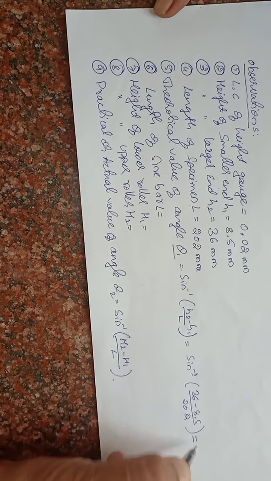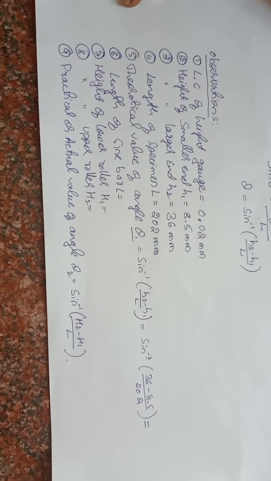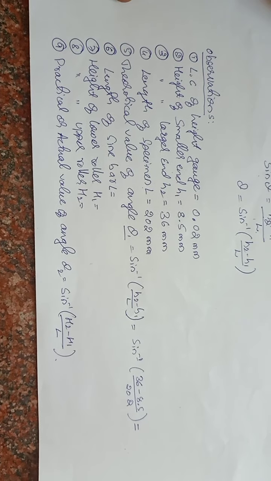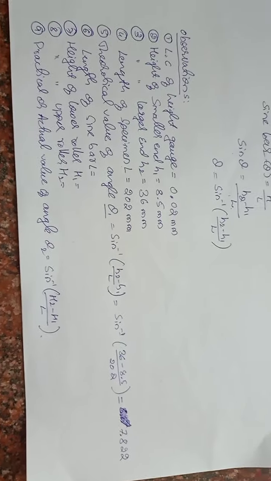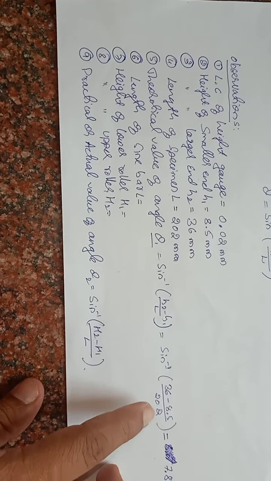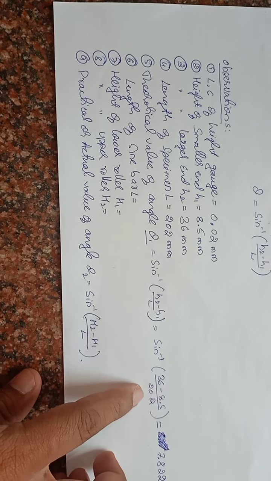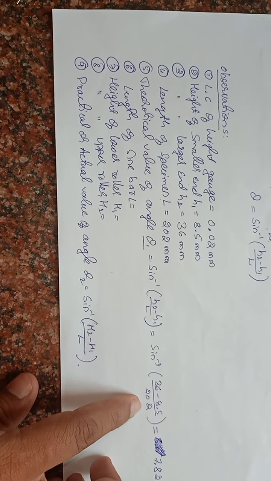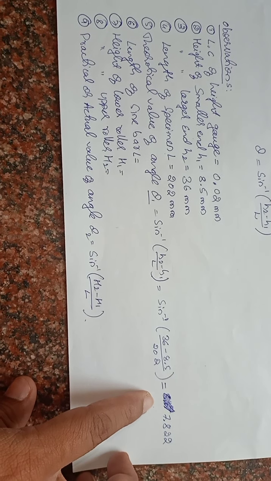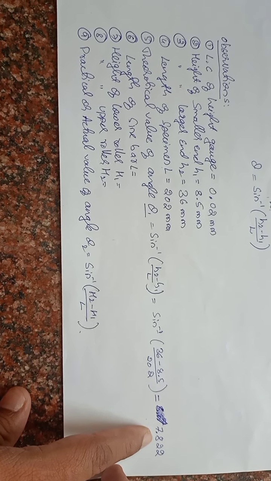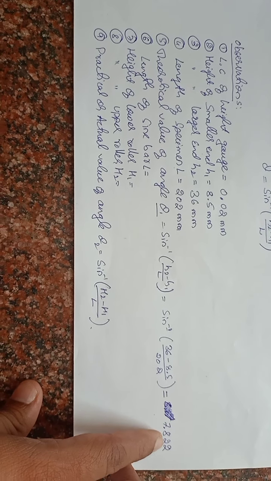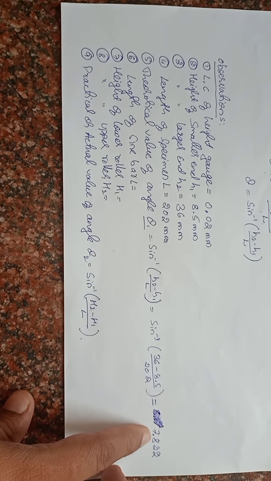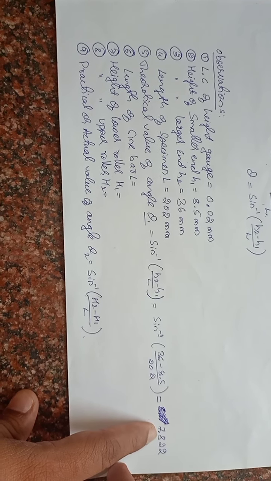So sine inverse of (36 minus 8.5) divided by 202 gives 7 degrees 8 minutes 22 seconds. This is the theoretical value.